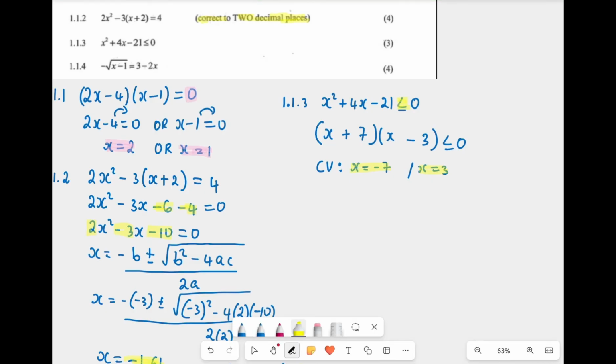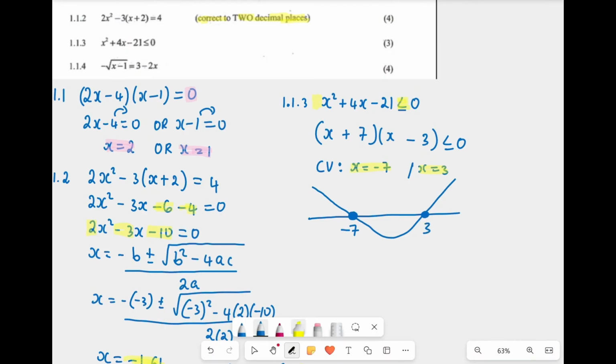The reason my parabola is concave up is that the number in front of x² is positive 1, so the value of a is positive. So here is my parabola concave up, and I write my critical values, starting with the smaller number, −7, followed by 3.